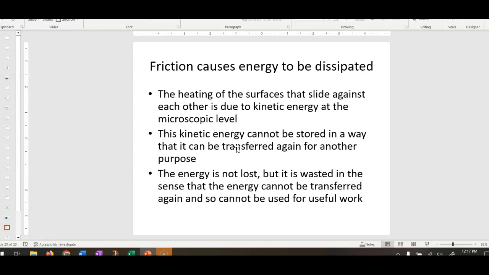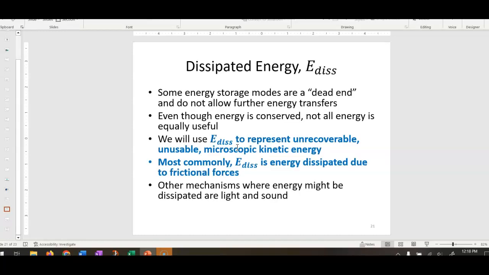It's just something that we haven't found a way to harness for useful work. So we call that dissipated energy. Dissipated energy we represent with an uppercase E with a subscript dis, and we're talking about unrecoverable, unusable, microscopic kinetic energy. And usually when we talk about dissipated energy, it has happened because of some type of friction.